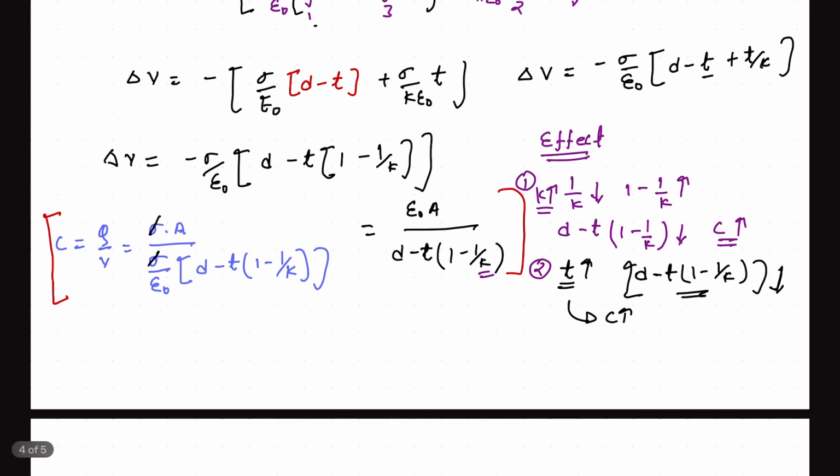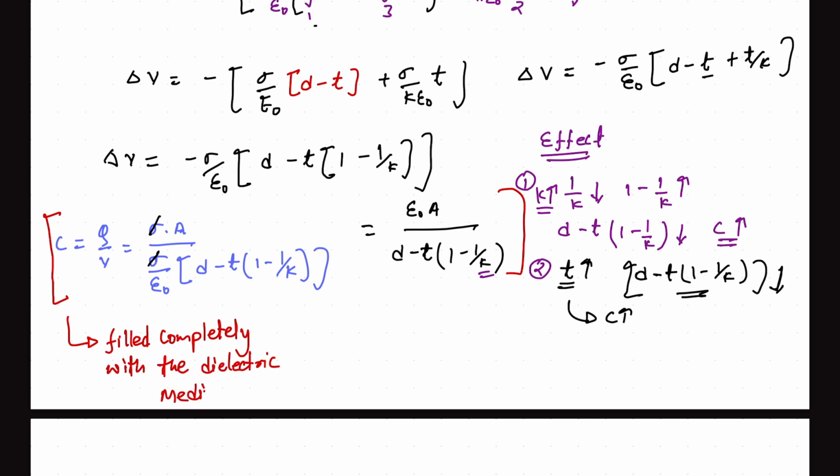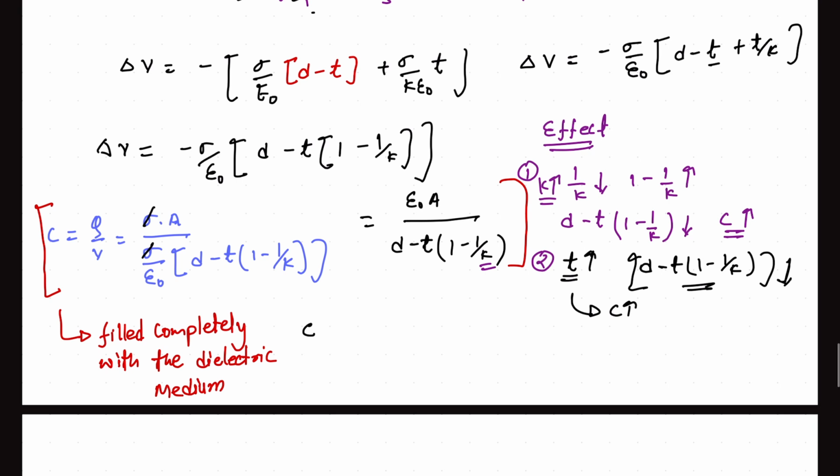What if I fill this capacitor fully, completely, with this dielectric medium? Then the capacitance will be C equals Q divided by V, and that is epsilon naught A divided by (d minus t(1 minus 1/K)).